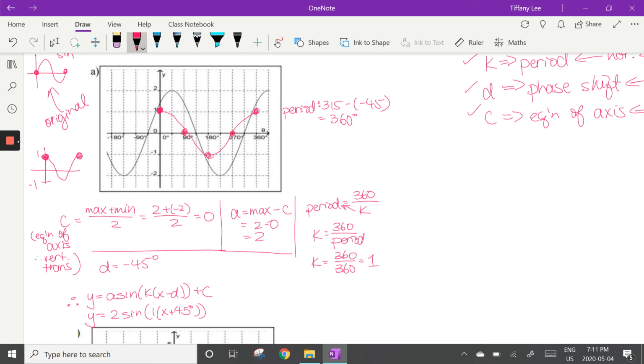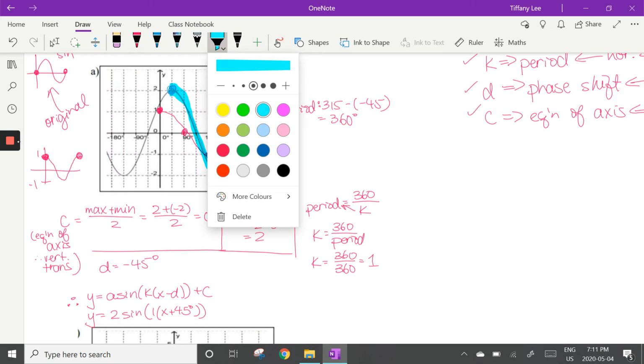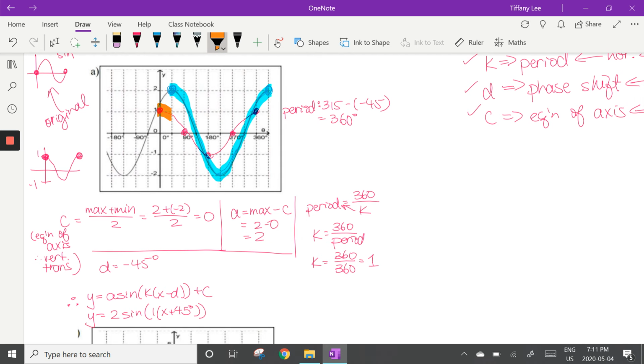Okay, and then let's take a look at our transformed graph and find a similar pattern to it, right? And that would be this one right here, right? Where it goes down and then back up. Okay, so let me just draw in blue like that, and then we can do orange for our parent function.